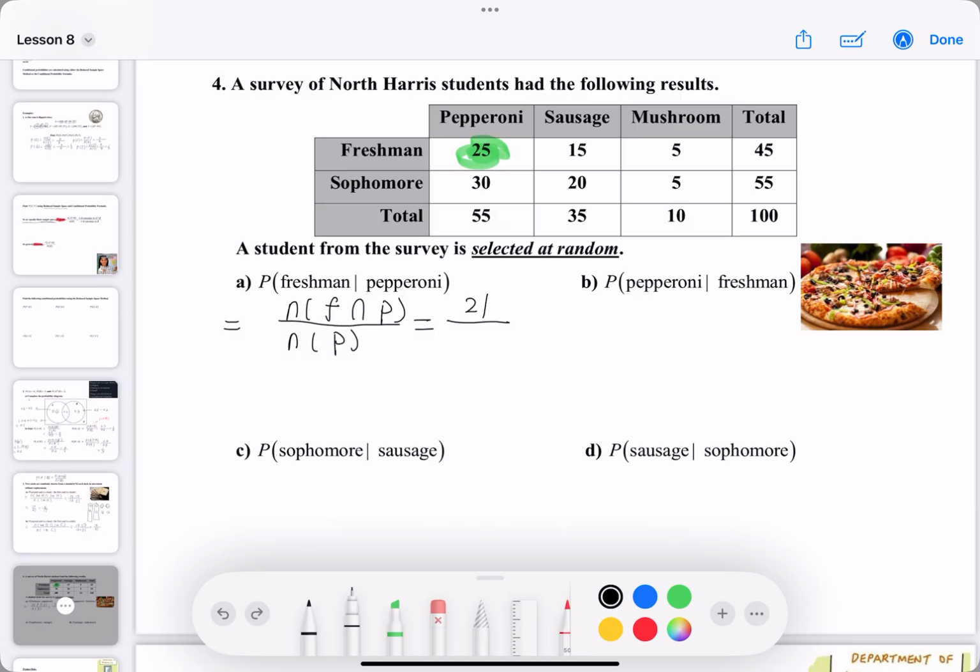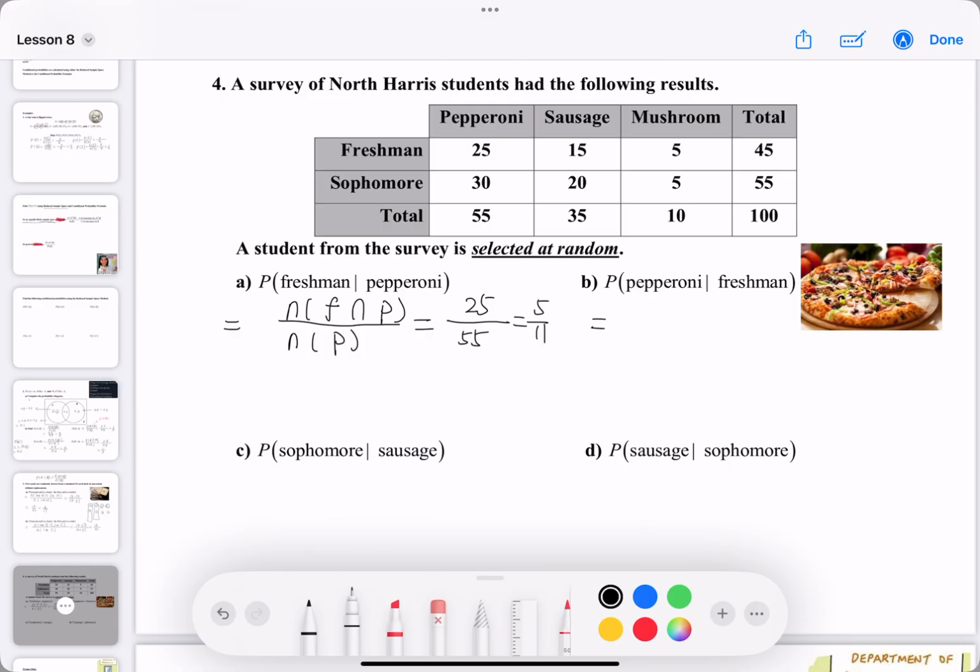So 55. It is here, 55. So let's put it down, 55. And can we do the cancellation, top and bottom? Oh, I copied something wrong. So I highlight the 25, but I put 21 here. Let's rewrite here. Okay, so the top and bottom, they are all divisible by 5. Divide by 5, divided by 5. So the probability is 5 over 11.